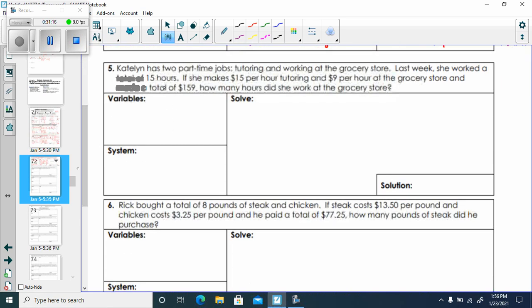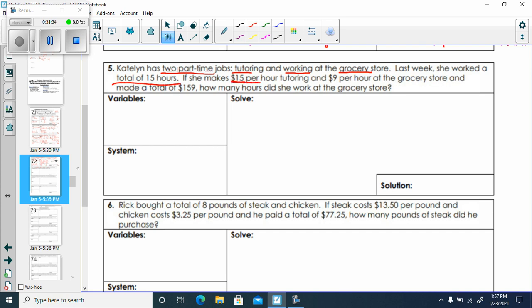Number 5. Caitlin has two part-time jobs. Tutoring and working at the grocery store, right? Okay, I'm going to call tutoring grocery store. Last week, she worked a total of 15 hours.